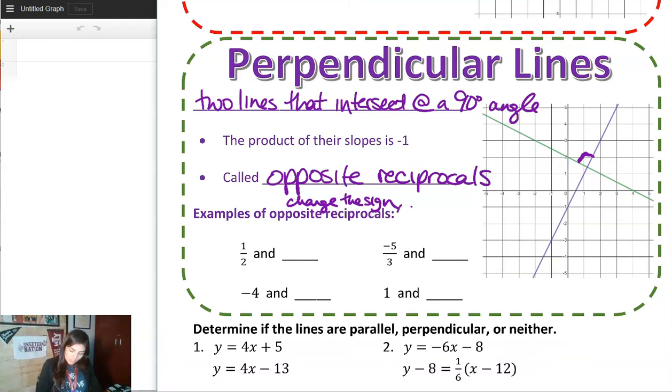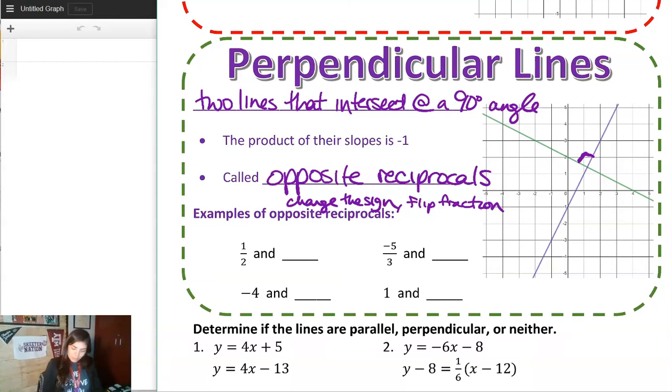So we're going to change the sign, and we're going to flip the fraction, and we'll have created an opposite reciprocal. If we multiplied these things together, there would be -1. But what we need to know is how to write or create opposite reciprocals. Flip the fraction, change the sign.